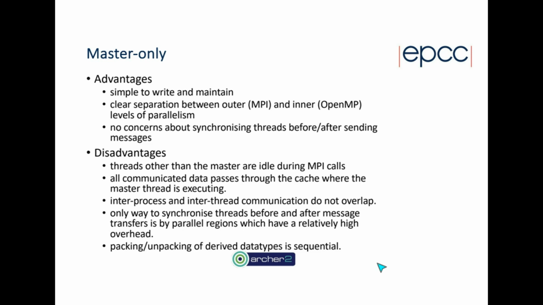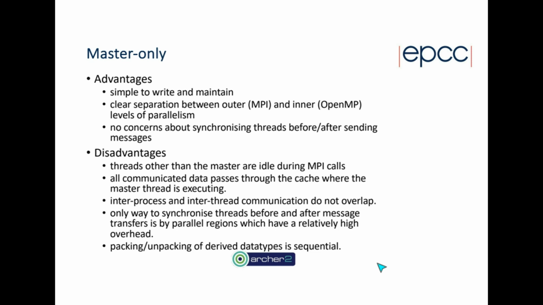Because what tends to happen is that as you reduce the number of MPI processes, you end up sending longer messages per process. You might end up communicating less data overall, but the messages that each process has to send and receive get bigger.